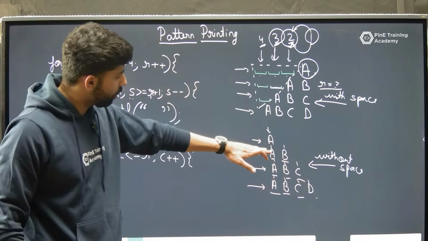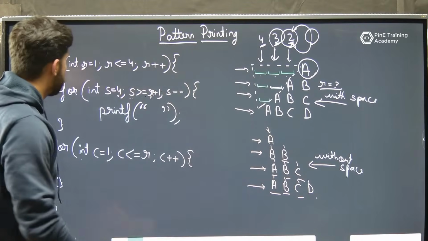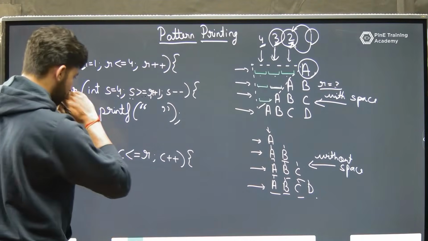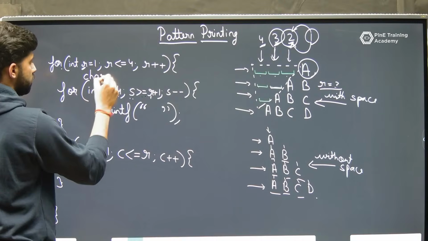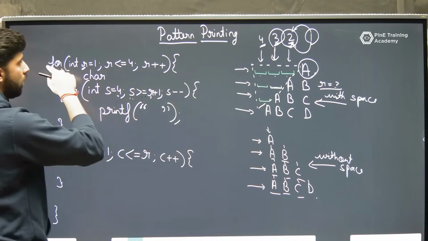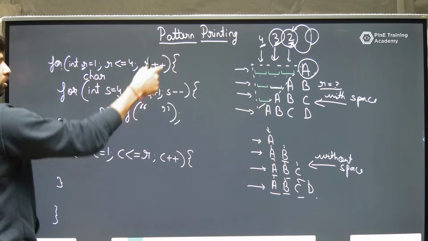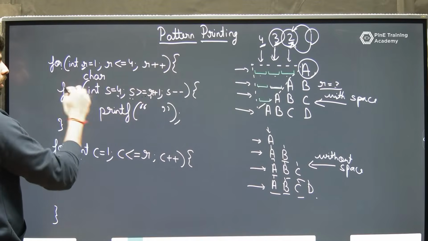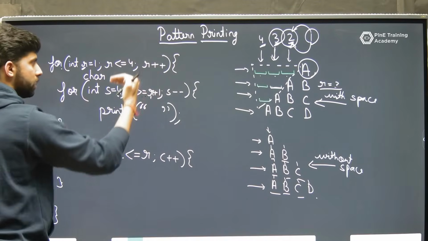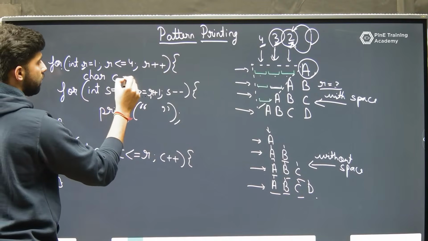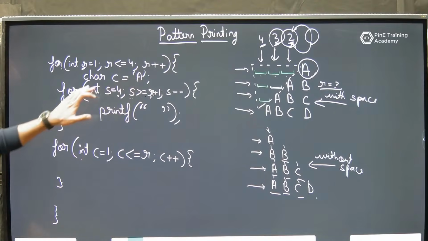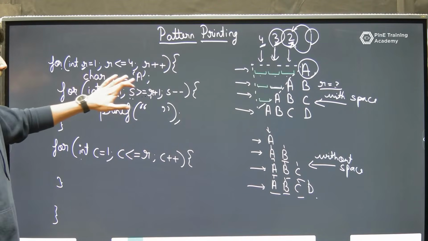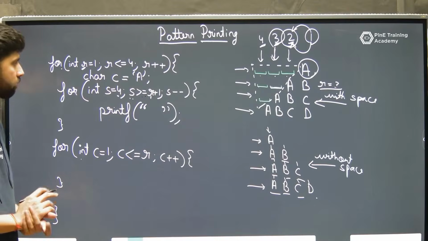For every row, we are starting with A. So I will choose a character. We know that our new row starts from this position only. This is my loop for row. And every time it starts, I want a character which starts with A.